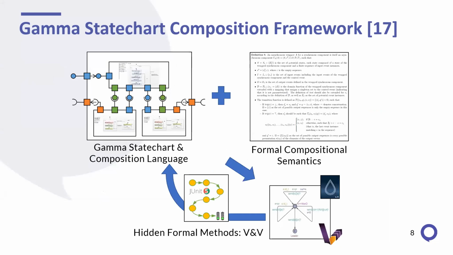In our work, we reuse the Gamma Statechart Composition Framework. That is a framework for defining the behavior of systems. It uses the Gamma Statechart Language to model the behavior of the systems, and it has several formal compositional semantics to build composite systems. And one of the big advantages of the Gamma Statechart Composition Framework is that it can transform the statecharts into the input formalisms of model checkers.